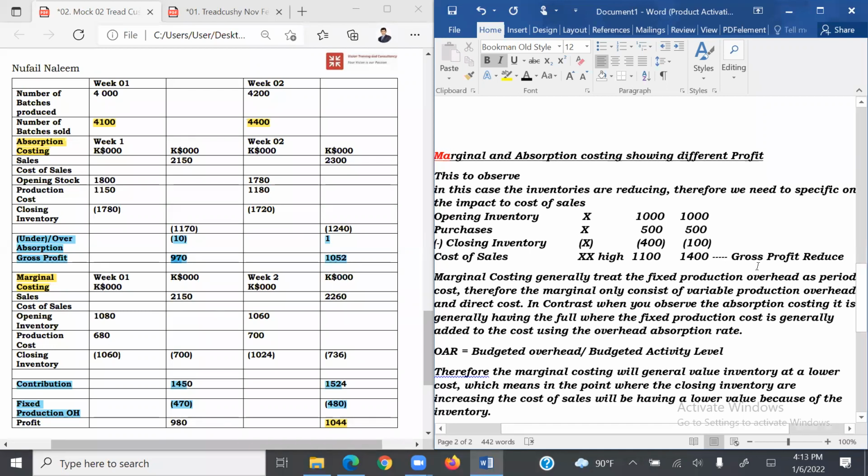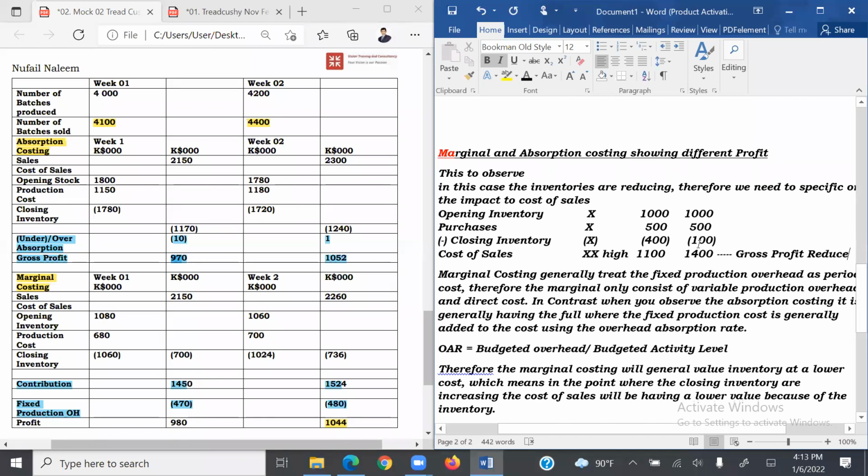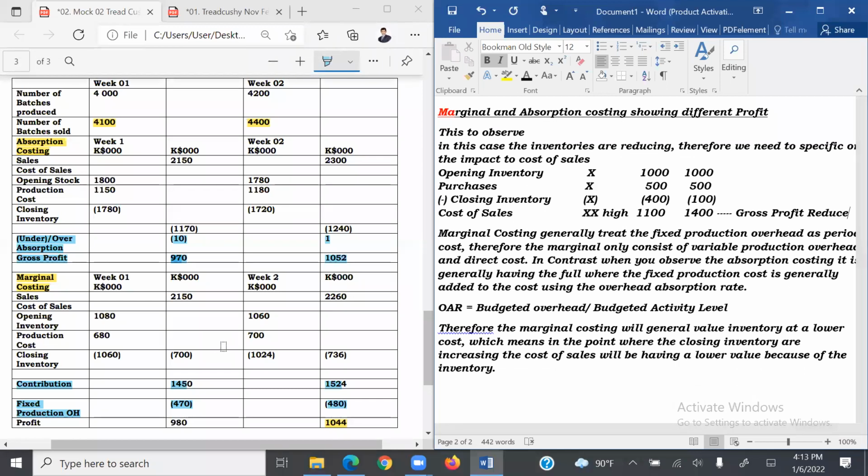Similarly, students, in a case of inventory increasing, what's going to happen? A marginal amount only will go up in the cost of sales. So the profit will generally be a little higher there. So that is the understanding. Don't worry, students, you can get this sorted when we do this application as well.